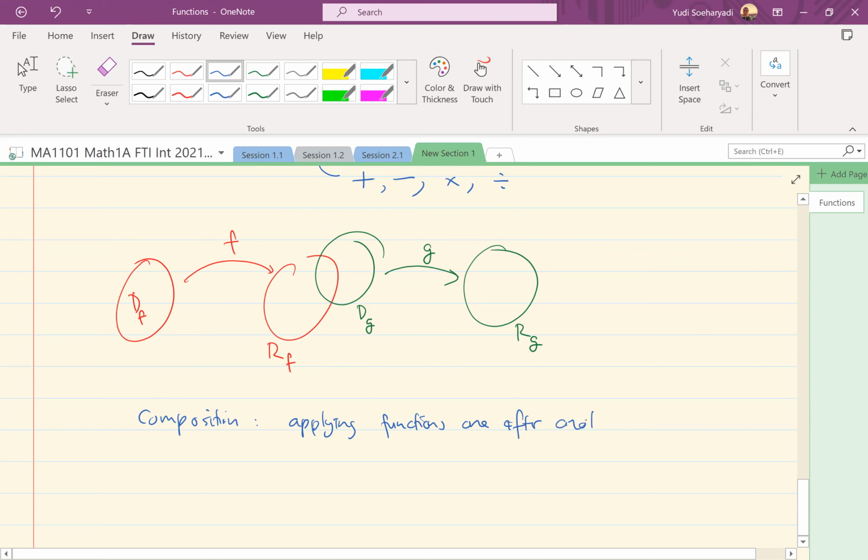For example, in this case, is there any way we can go from the domain of f to the range of g? Well, you apply f first, and then followed by g.